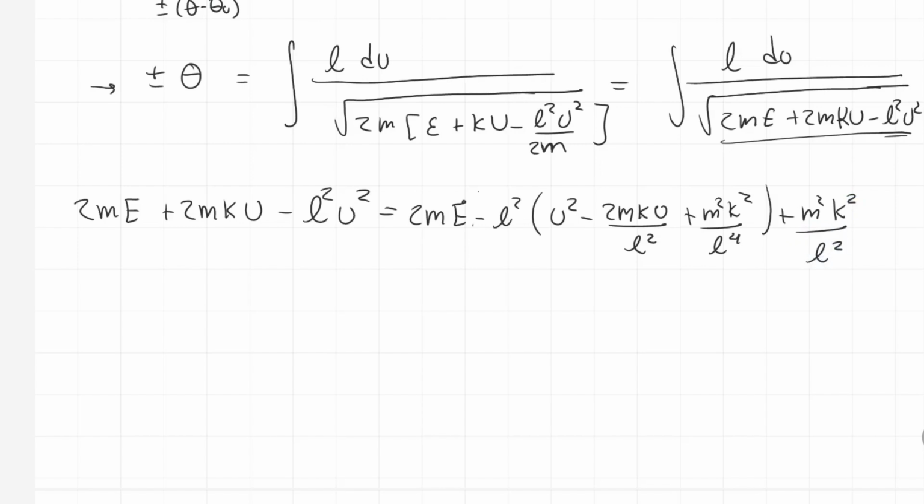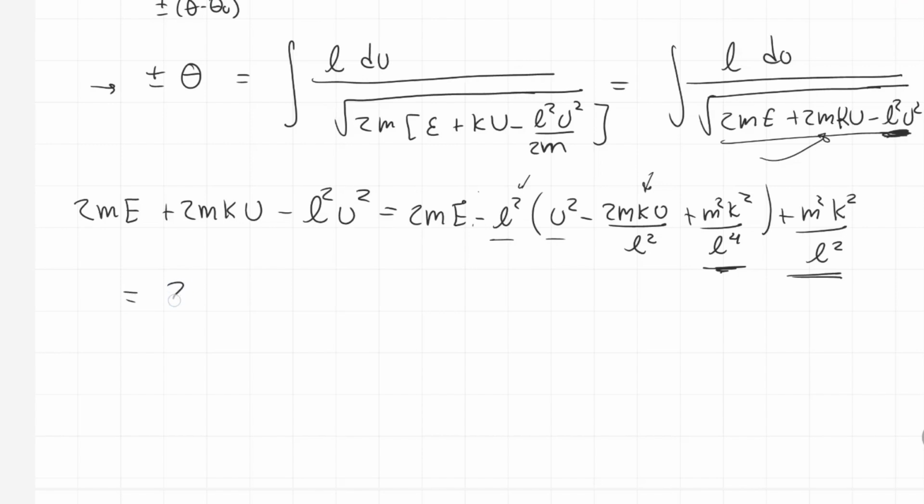Notice that if we multiply L squared times u squared, we get this term that we have here. If we multiply this term by this term, we get this term here. And this term multiplied by L squared will cancel with this term here. So this expression is actually the same one we have inside the square root.